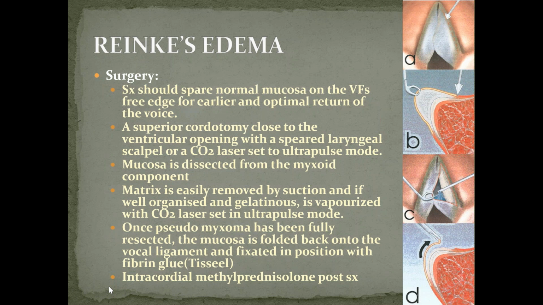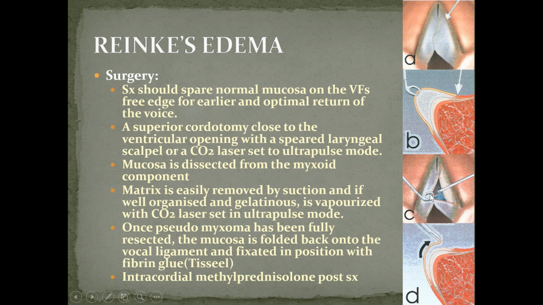For surgical treatment, again under magnification using the microscope, we need to expose the vocal cords with the suspension laryngoscope. Then we need to give an incision in the superficial layer of the epithelium towards the lateral border of the vocal cords. Then we need to suck the gelatinous fluid from the Reinke's space using the suction apparatus.